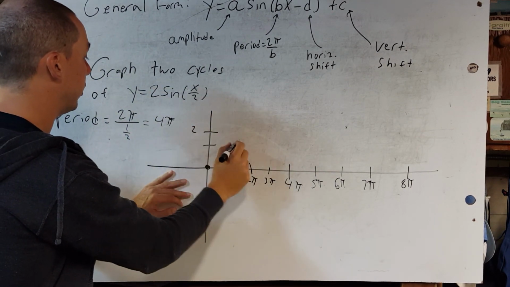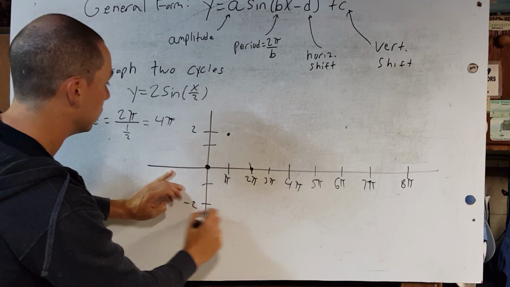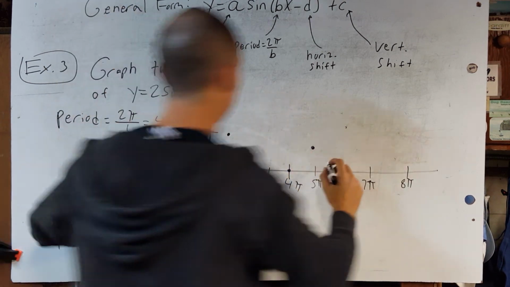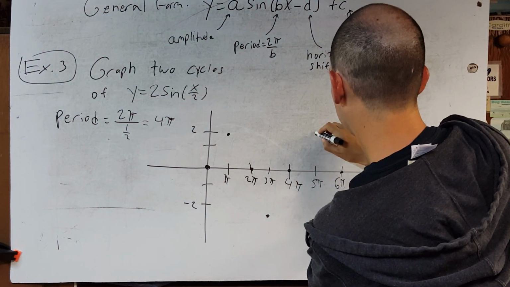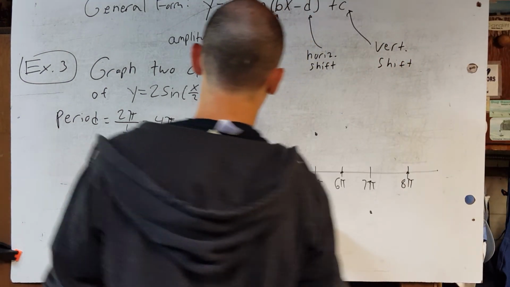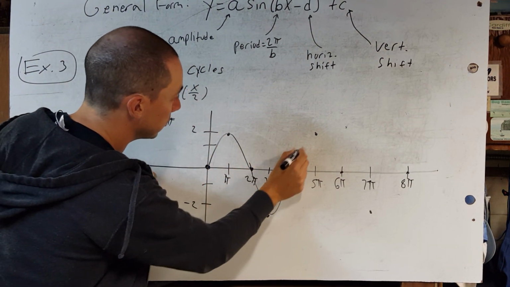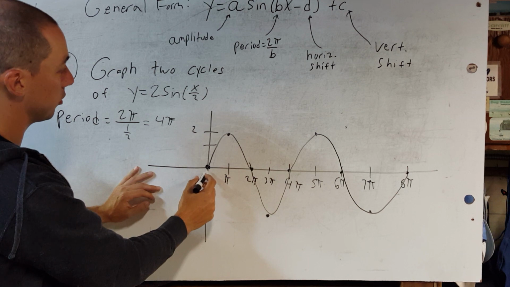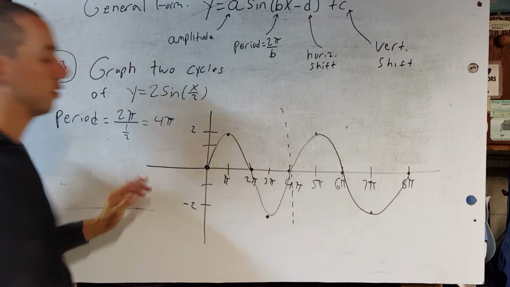So now it goes up to 2, back to 0, down to negative 2 at 3 pi, back to 0, up to 2, back to 0, down to negative 2, back to 0, and that's going to be 2 cycles. We go up, down, back up, down, and back to the x-axis. And there, here's up, down, up. That's one cycle right there, and then there's the second cycle.